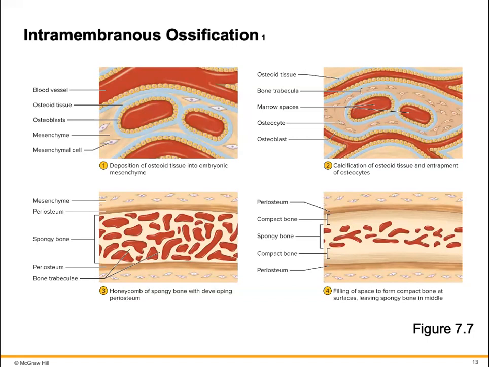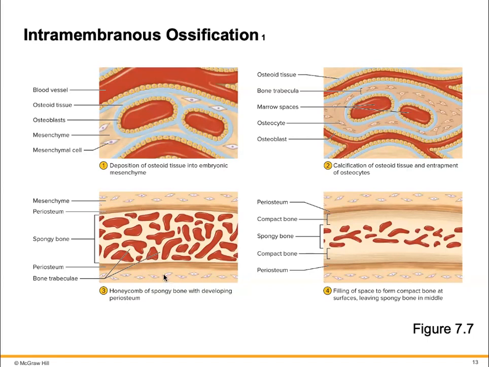Then, while this process keeps happening, you have more mesenchyme that essentially produces the periosteum, and the periosteum is the surrounding bone tissue, which then can continue to produce more osteoblasts that then get trapped and form your osteocytes.